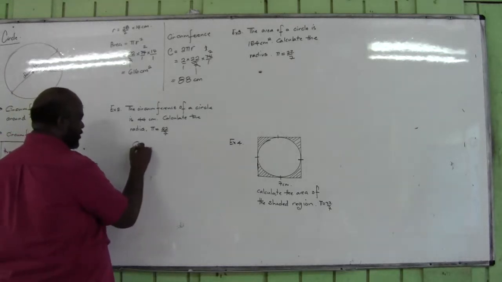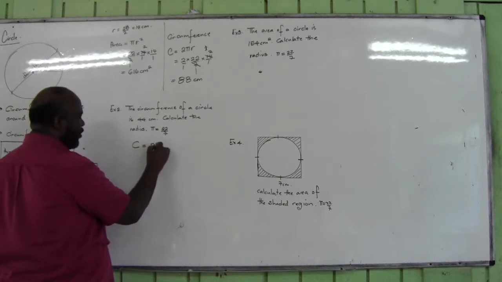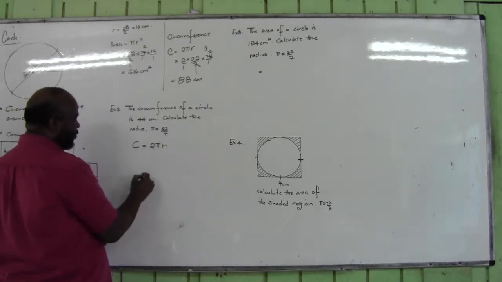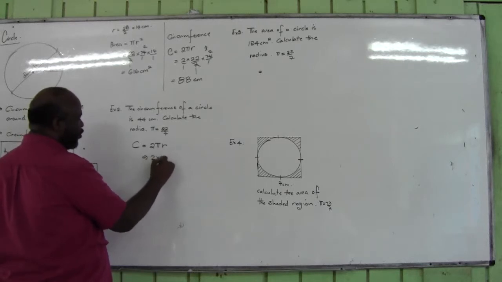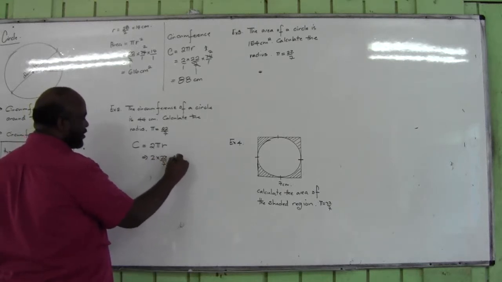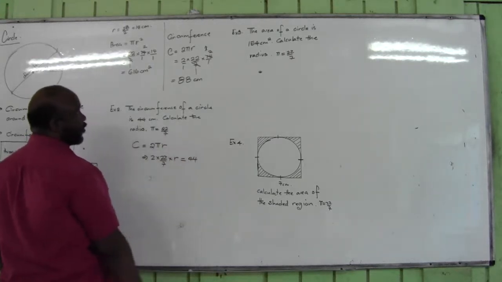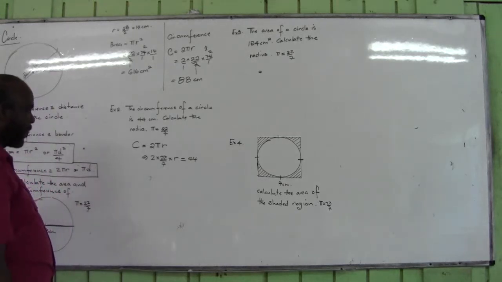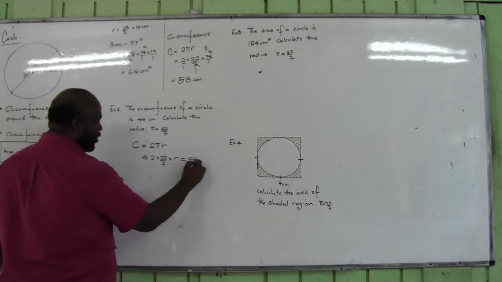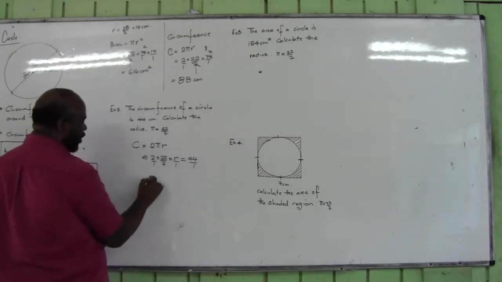So the circumference is equal to 2 pi r. Therefore, 2 times 22 over 7 times r, which we don't know, is equal to the circumference, which is 44. You can put this over 1, put this over 1, put this over 1.